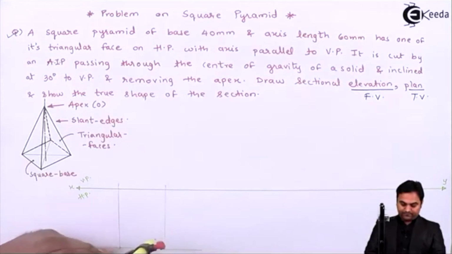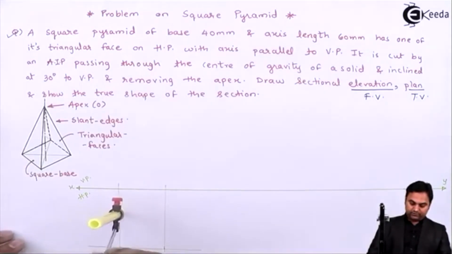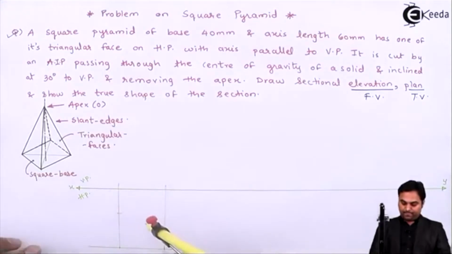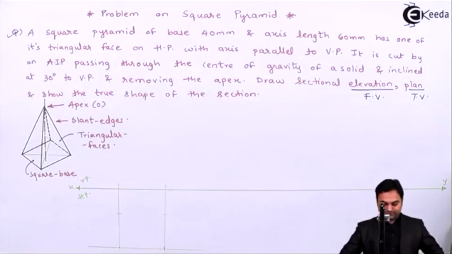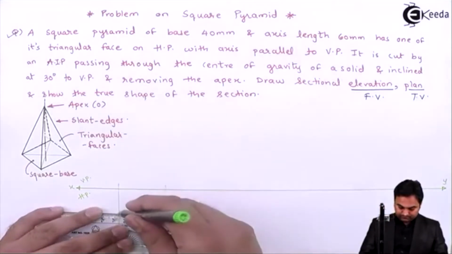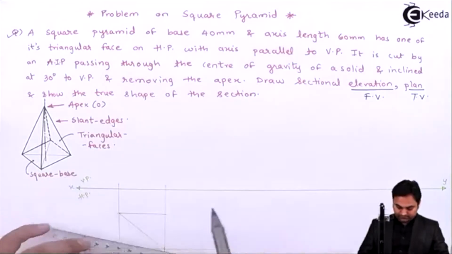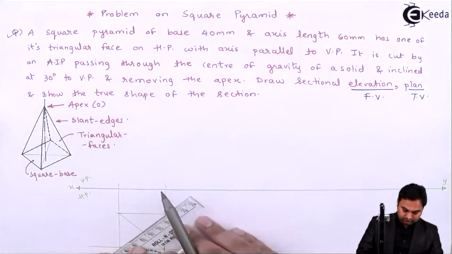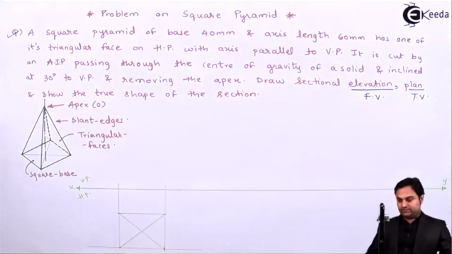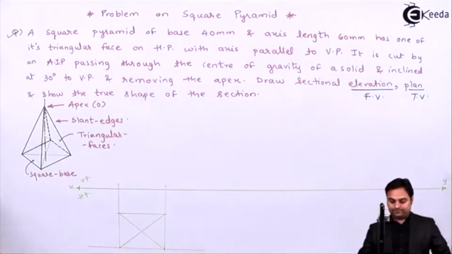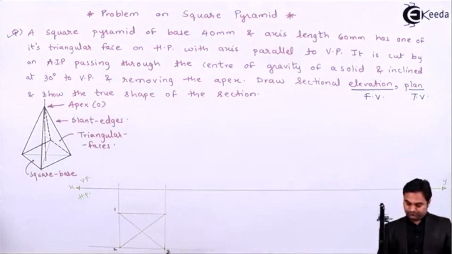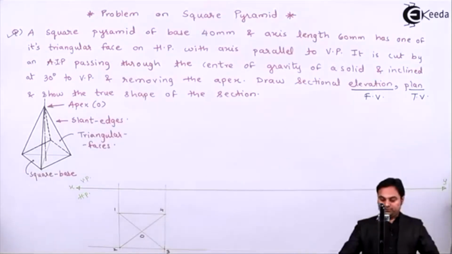Measuring 40 mm, marking it onto both sides. Joining these points, joining the corners. Next, I'll give the notations to it. So this is the top view.